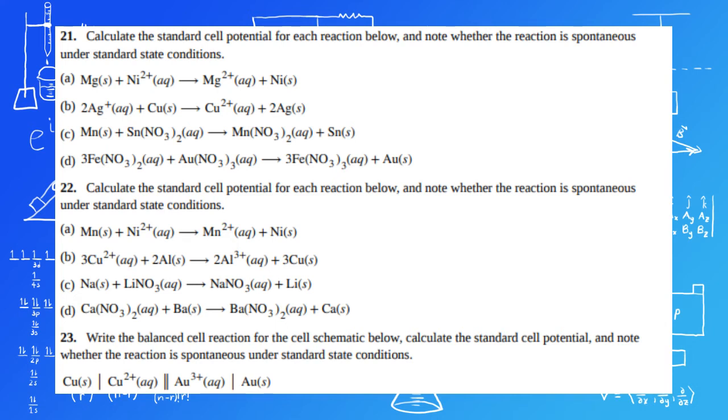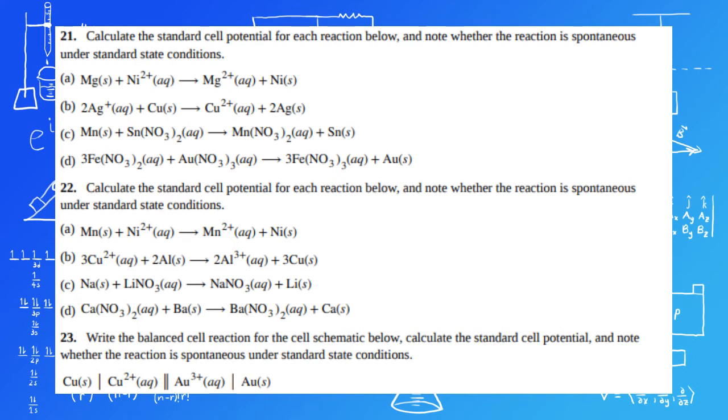Remember, some transition metals will have multiple oxidation states, so you have to choose the cell potential that corresponds with whatever change in oxidation state you have for the transition metal. It's not always fixed.